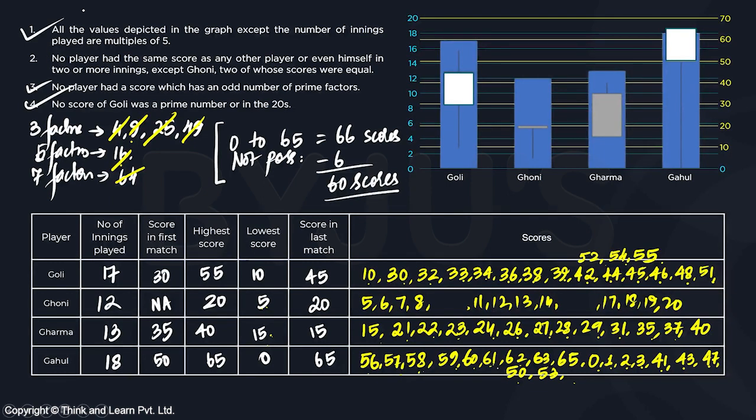Okay, first condition is done. Let's look at the second condition. No player had the same score as any other player or even himself in 2 or more innings that we have seen, except Goni, two of whose scores were equal. So we need a number that is going to be repeated for him. Since we have 12 scores, one score has to be repeated.